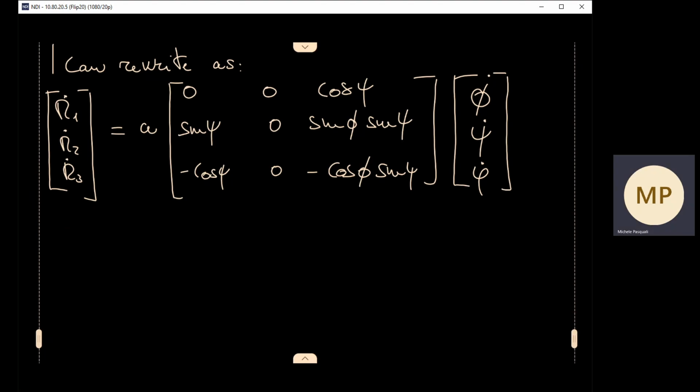Okay. Now, if I want to write all of the Q dot, allow me to write it like this. So here I have phi dot, sorry, capital Phi dot, psi dot, and phi dot.